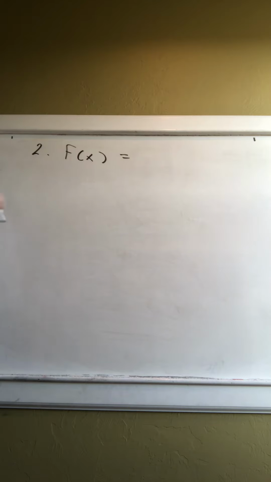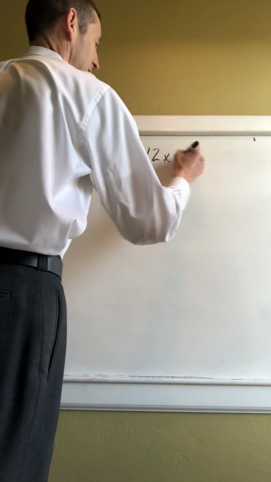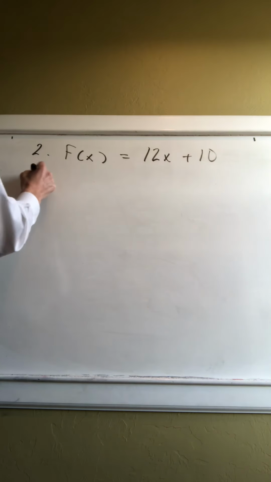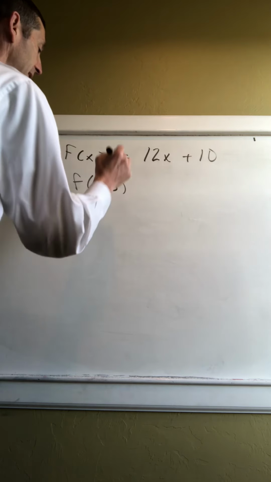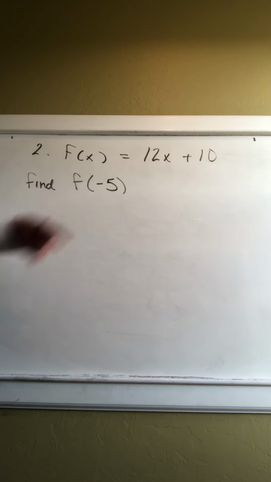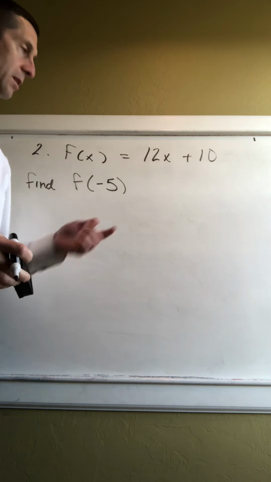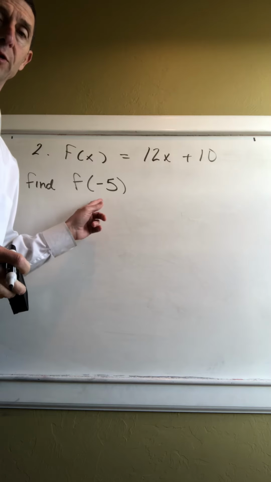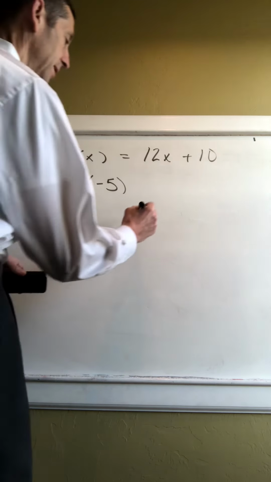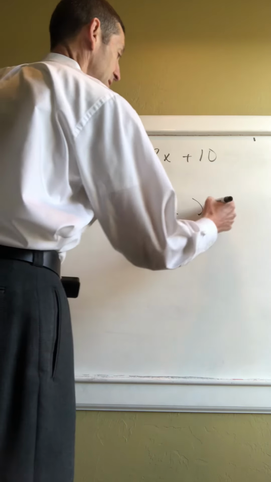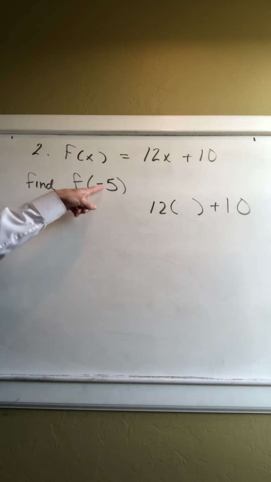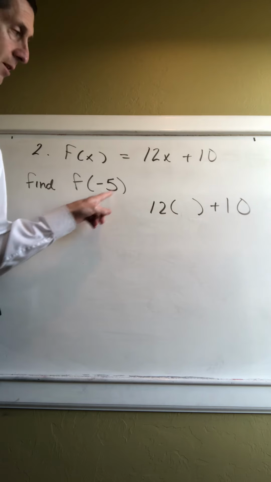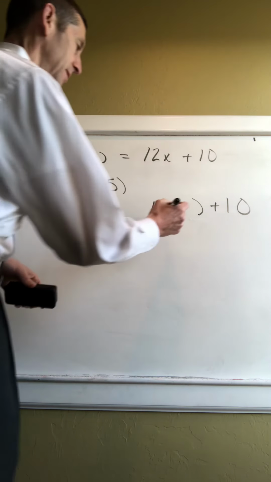f of x is equal to 12x plus 10. And so your job is to find f of negative 5. Let's put a negative value this time. So 12x plus 10, but this time you have a negative value you got to shoot in there. Still run it the same way. You've got your 12, you got your plus 10, but we have a negative that we got to put in place of x.